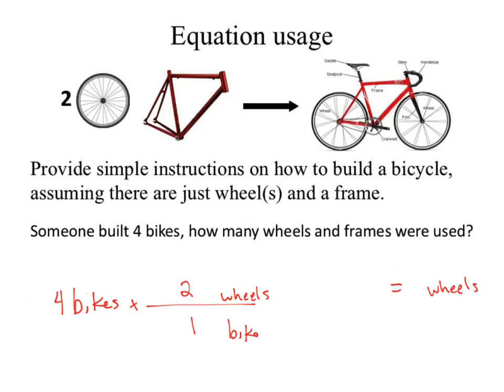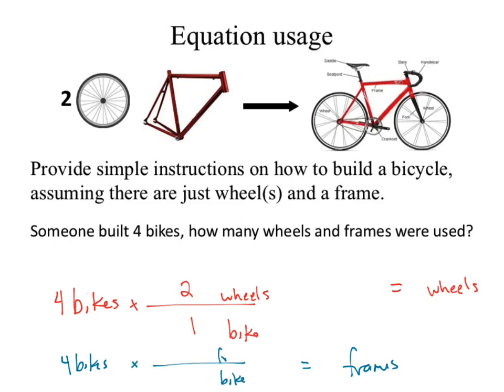How many frames were needed? 1. To make 4 bikes? Oh, no, for individual bikes, 4 bikes before. Okay. When I bring in a new question or a new solve, I have to do a new equation. I now have to convert those bikes into frames. How do I do that conversion?